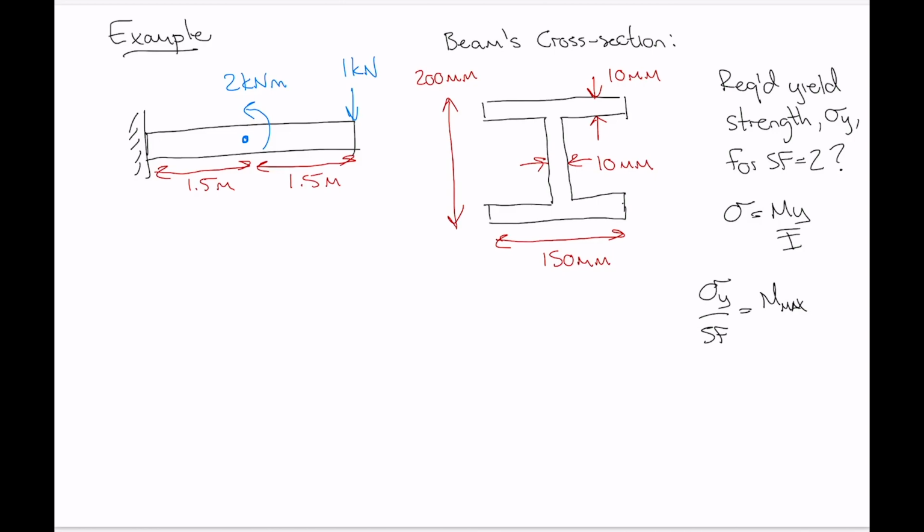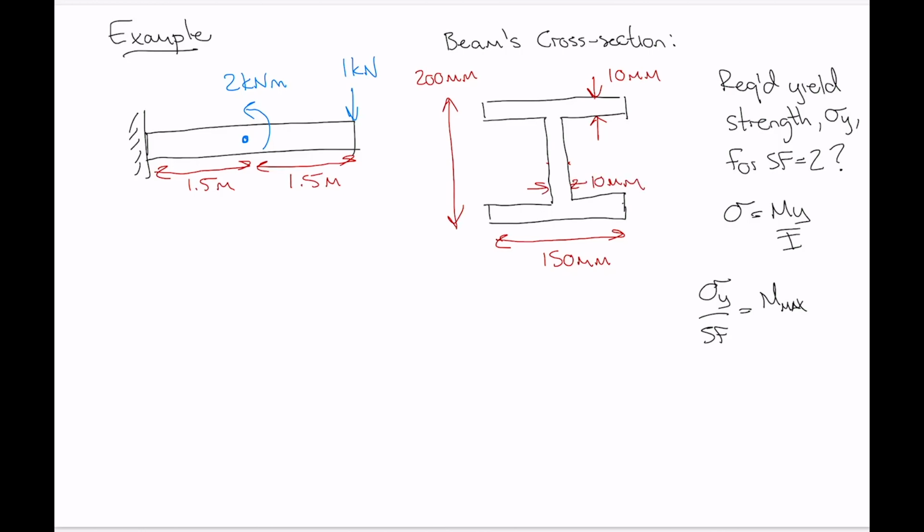And then within the cross section now, we want to use the location in the cross section where stress is going to be maximum. And if I just get rid of these dimension markers on the web that I drew and move those down a little bit here, 10 millimeters.